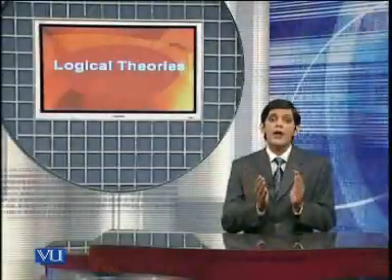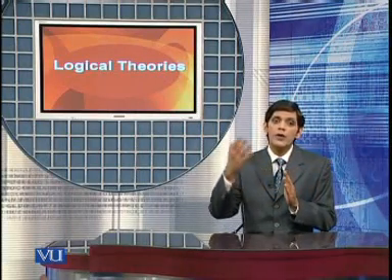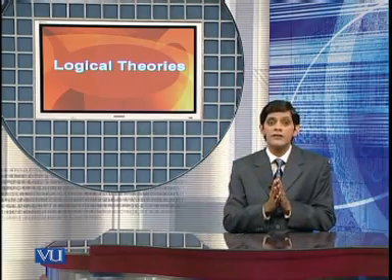So what we do is we specify a universe and we specify what is the meaning of each relation symbol. The relation symbol itself has no meaning, but once we say that this relation symbol stands for a particular relation over the universe, we give it meaning.